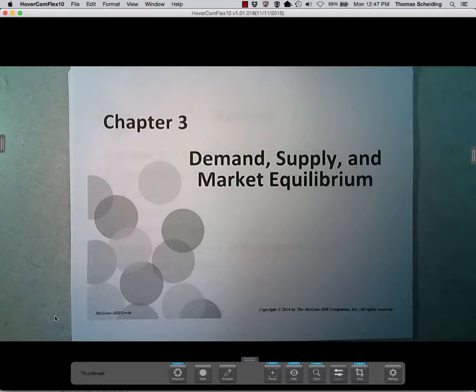We said that economists believe or assume that individuals and firms are either utility maximizing or profit maximizing, that individuals or firms are rational, and that they compare their marginal benefits to their marginal costs of doing something.